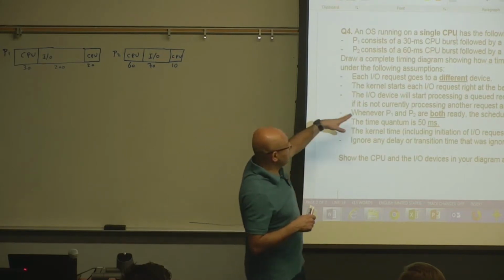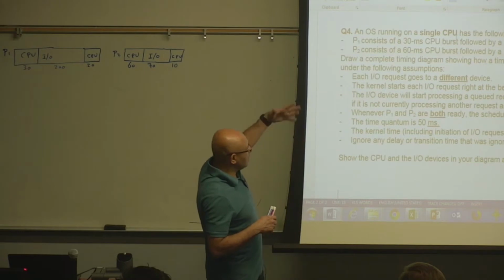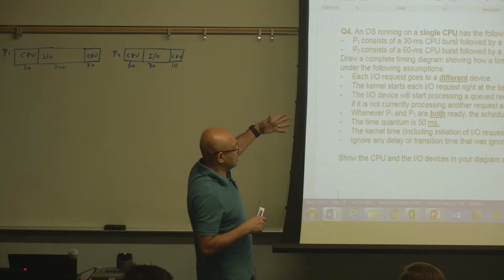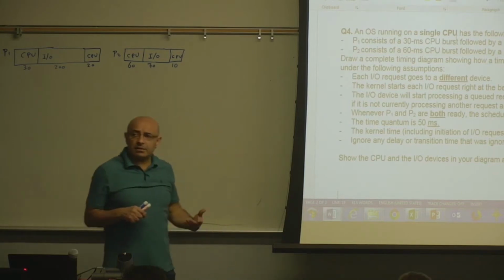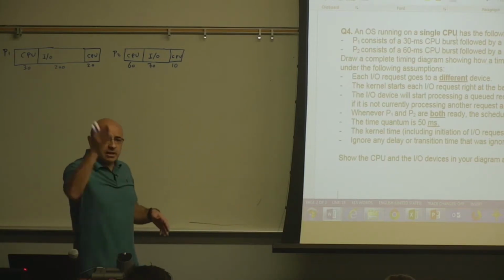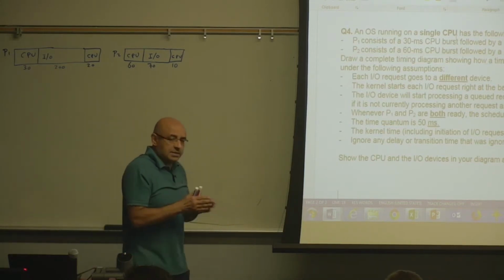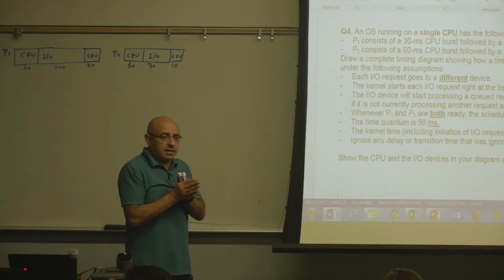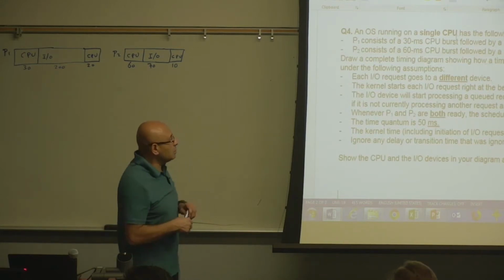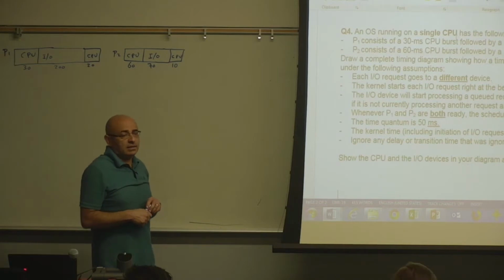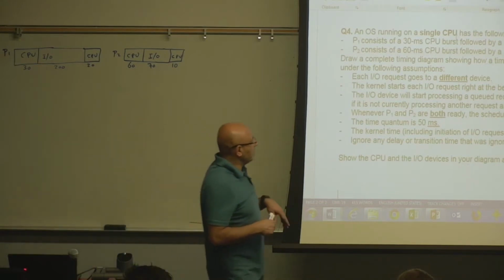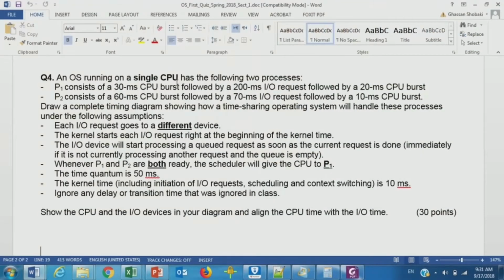The I/O device will start processing a queued request as soon as the current request is done. Again, there is a delay that we are ignoring here. Once the I/O device is done with one request, it's going to start processing the next request immediately, which means that we are ignoring the delay. Now, whenever P1 and P2 are both ready, the scheduler will give the CPU to P1.